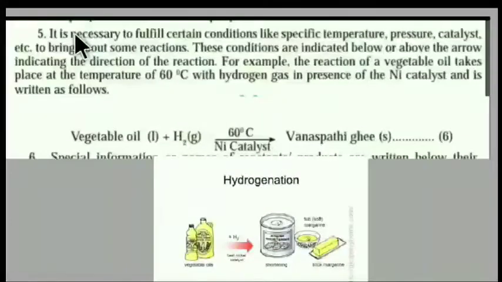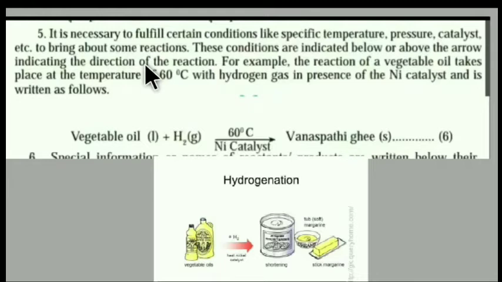Fifth, it is necessary to fulfill certain conditions like specific temperature, pressure, catalyst, etc., that bring about the reactions. These conditions are indicated below or above the arrow, indicating the direction of reaction.